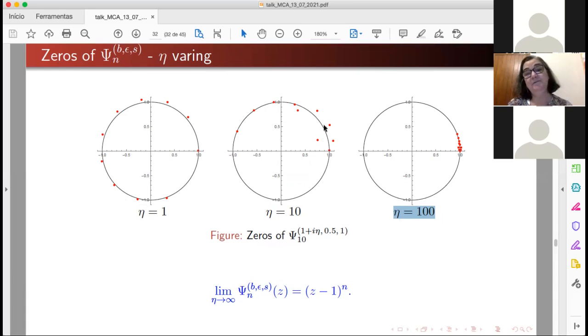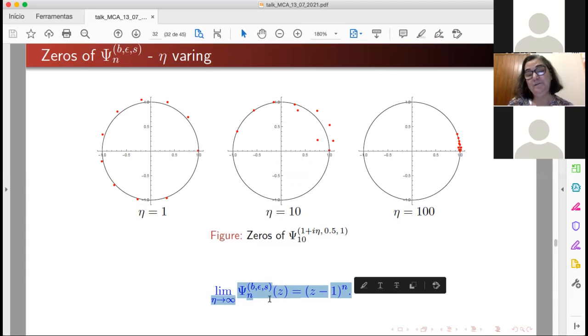See the behavior here: the zeros accumulate at 1. That is exactly what we proved here, that when eta goes to infinity, this Sobolev polynomial goes to this one. And also we see that these polynomials have zeros inside the unit circle and outside of the unit circle.